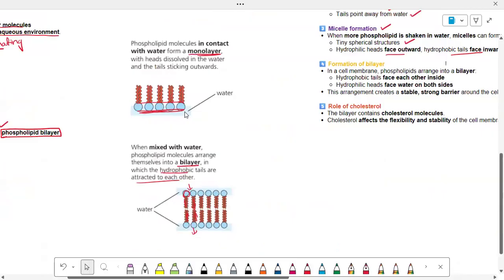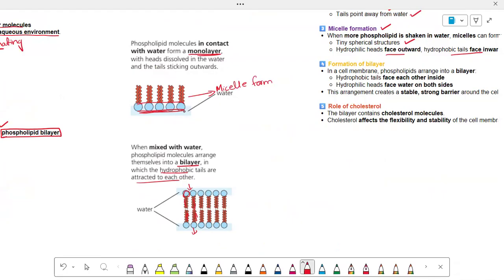Like this, we can say that this is micelle formation. These teeny spherical structures are formed with heads facing water and tails moving away from water.